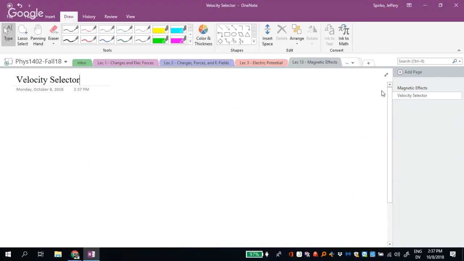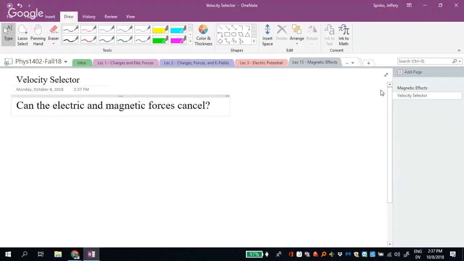So kind of closely related to that last thing we did is a device called the velocity selector. And in the velocity selector, instead of balancing a gravitational with a magnetic force, we actually balance an electric and a magnetic force.